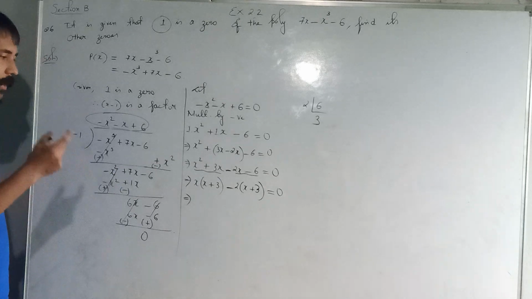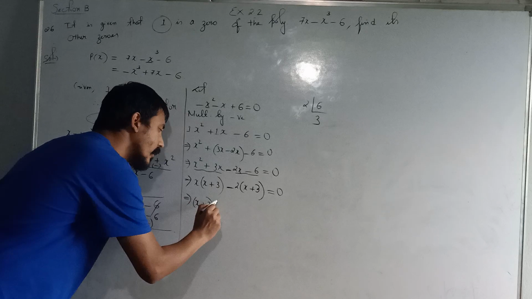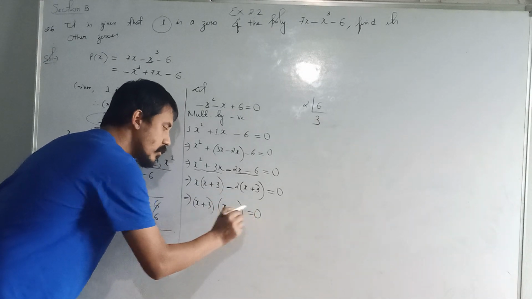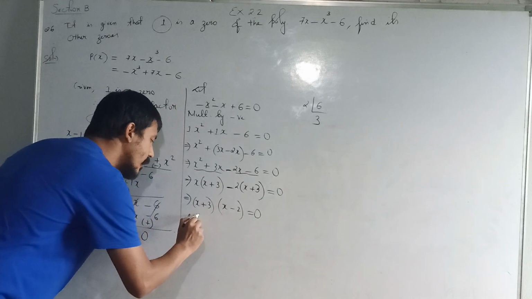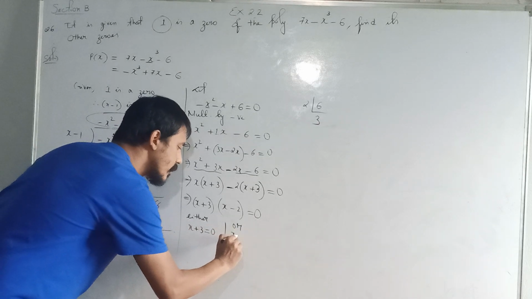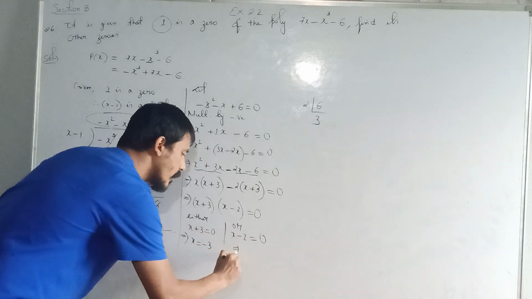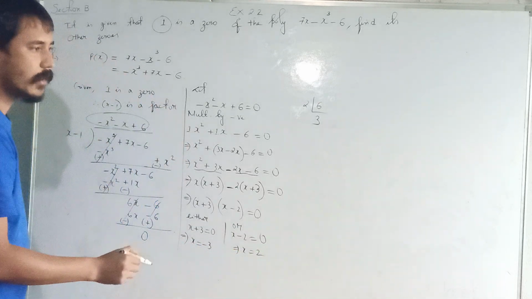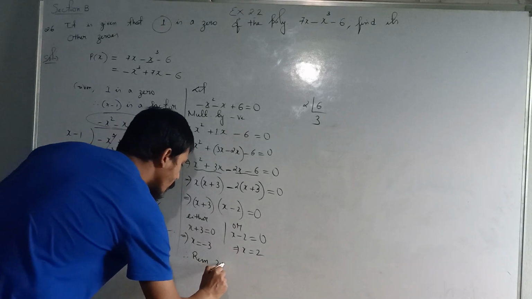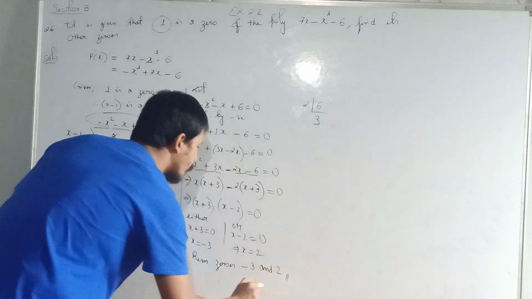Now the term in the bracket can be taken as common. Then we have x minus 2. The product of 2 terms is 0, which means either the first term is 0 or the second term is 0. So x is equal to minus 3, and x is equal to 2. Therefore, the remaining zeros are minus 3 and 2. Is it alright?